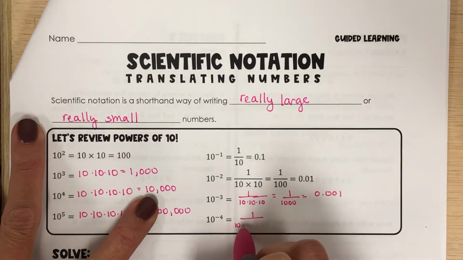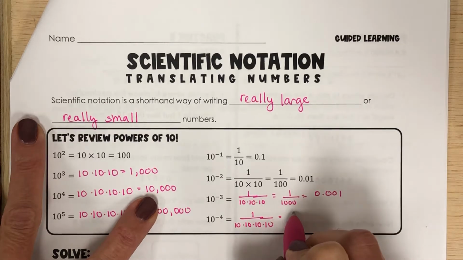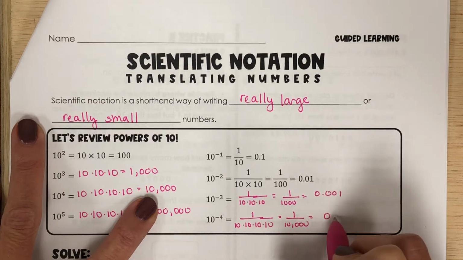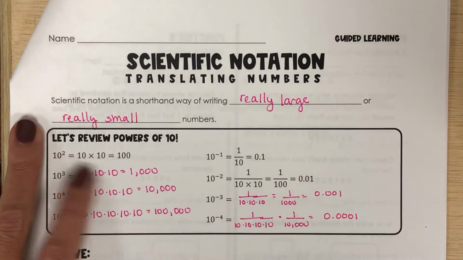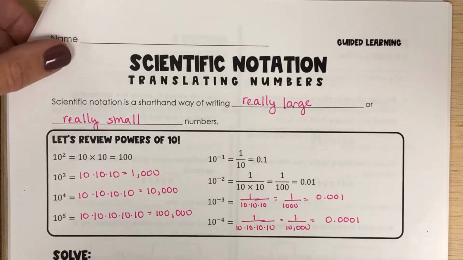And last but not least, 10 to the negative 4 is 1 over 10 times 10 times 10 times 10, which is 1 over 10,000, which is 1/10,000th. So there we go.